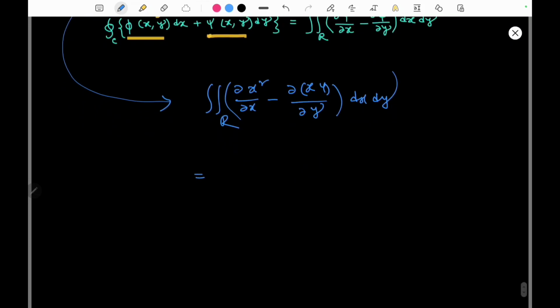Now we can solve here. Also we can give the limits here, x equal to 1 by root 3 to 2 by root 3, y equal to 1 to 3, and here we can calculate 2x minus x dx dy.